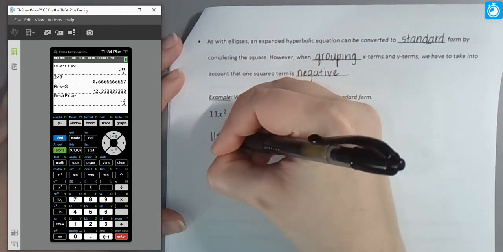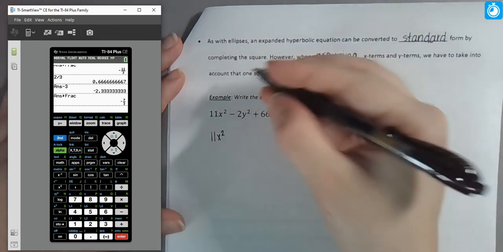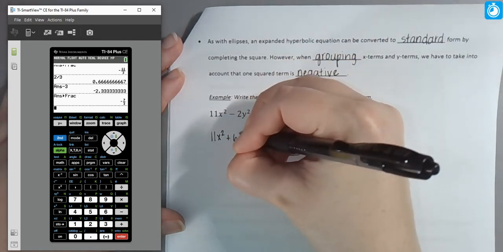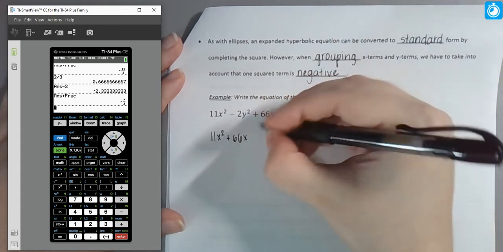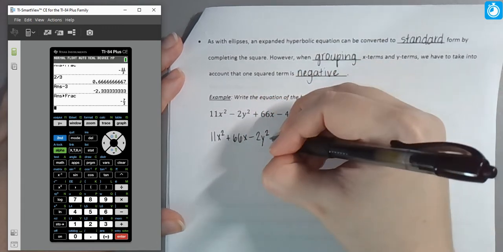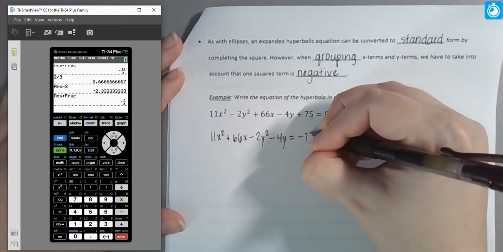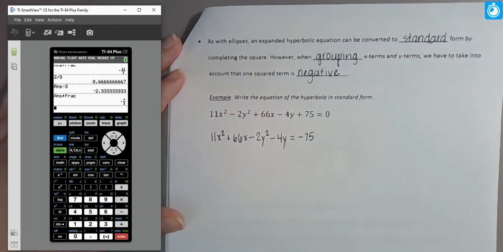So the x squared term is positive, so I'm going to keep that out front. We have a positive 66x. Okay, and then we have a negative 2y squared. We have a negative 4y. And then we're moving that 75 over by subtracting, so we now have a negative 75 on the other side.